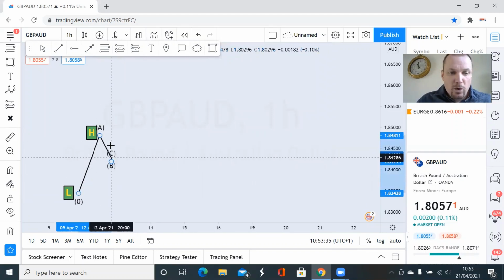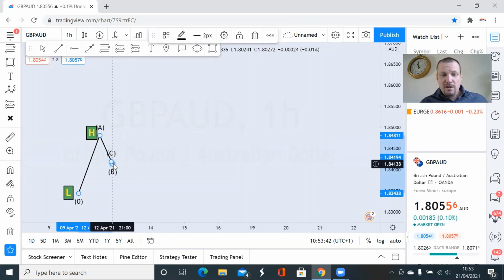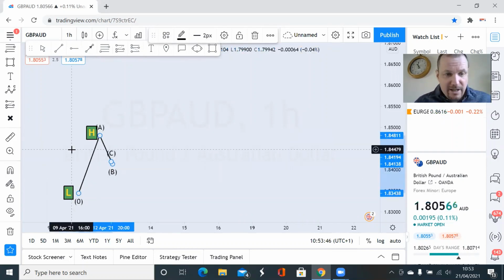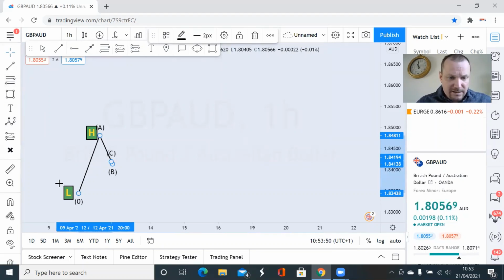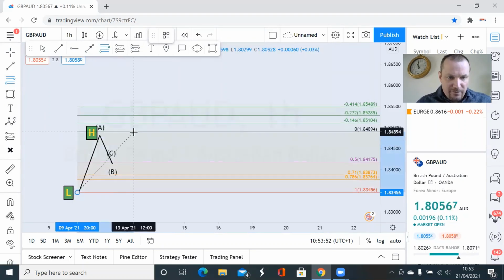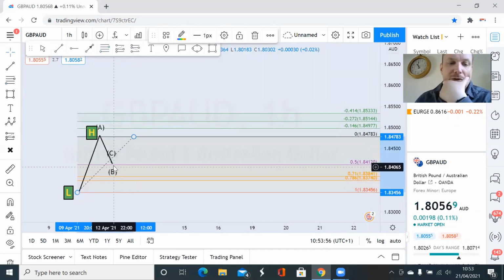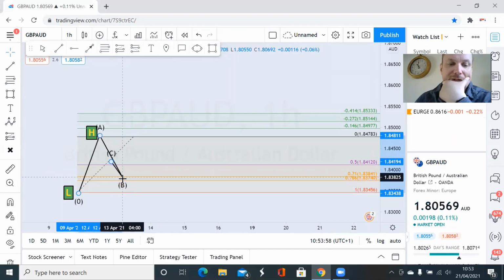Now once we get the retracement and the ball's running back down the hill, and it's come back into this zone area, we normally, or we have done in the past, done our fibs like so. And you would normally wait for this to come down.